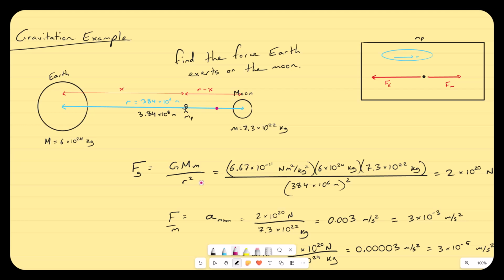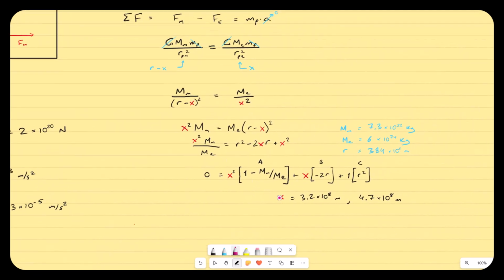So if I want the distance between the two where I can be steady, that makes sense. 4 point something times 10 to the 8th puts me out here. There's a spot where mathematically I have an equal amount of force from the Moon and the Earth out here somewhere, but both of those would be pulling inward, so that answer doesn't make sense. I've got to go with the one that fits in between. So what I want is this number.